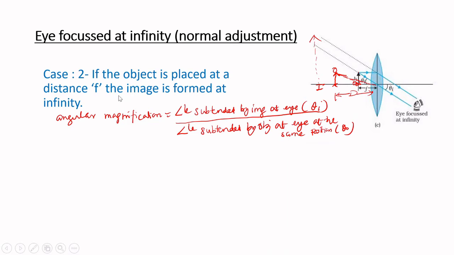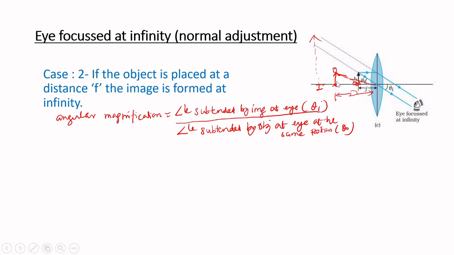We do so because in this adjustment the eye is very relaxed to see the image. Here we first keep the object at d distance away from our lens, with our eye very close to the lens.